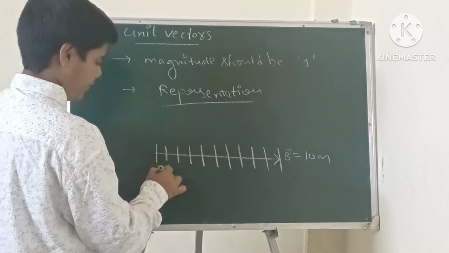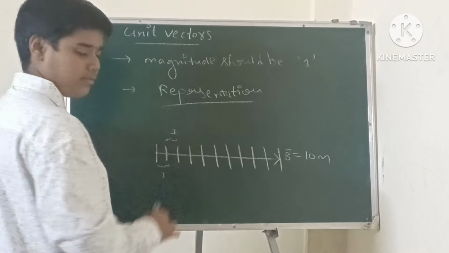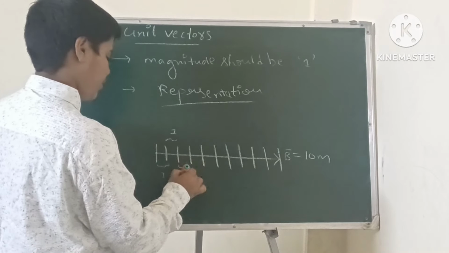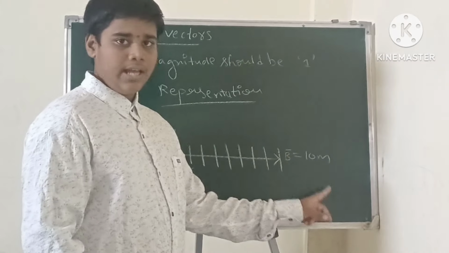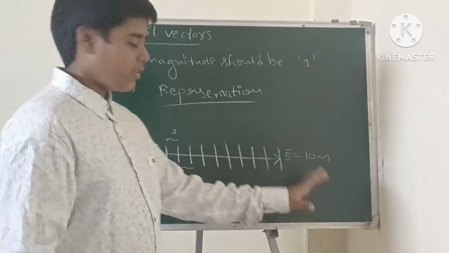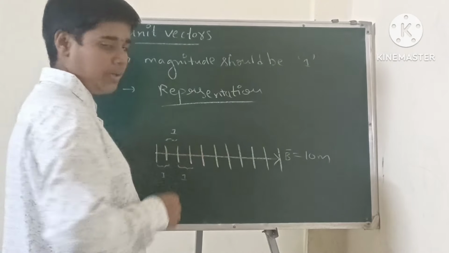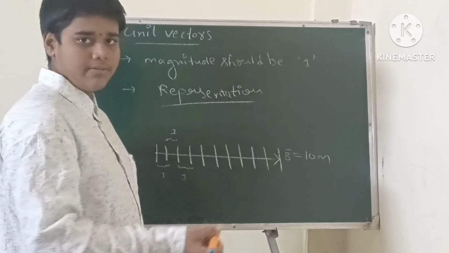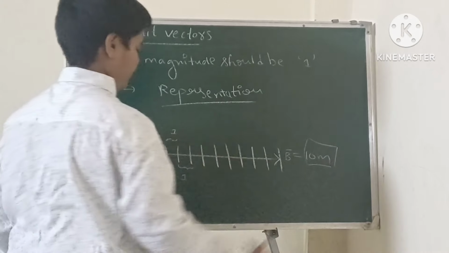So this is one of the unit vectors, and this is also one of the unit vectors, and this is also one of the unit vectors, because B bar is a vector with magnitude 10 meters. We divide this vector into 10 equal parts, which means 1 plus 1 plus 1 up to 10. So we will get 10 meters magnitude.